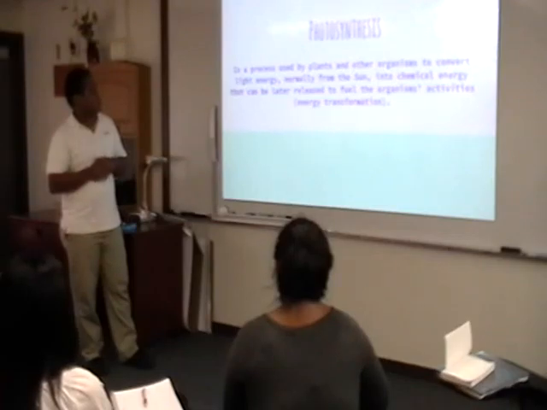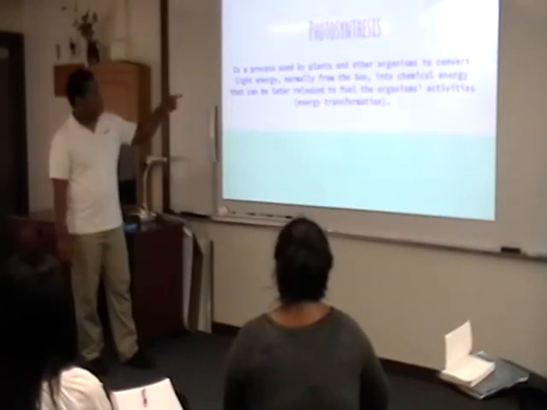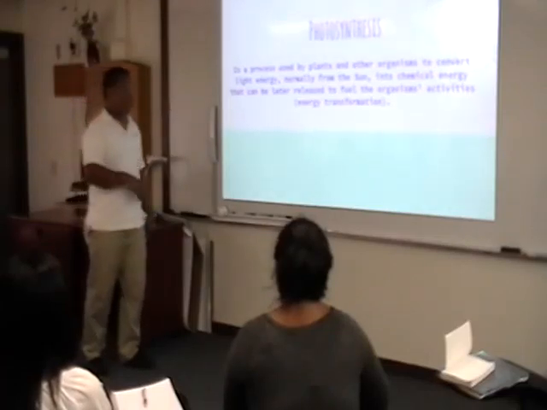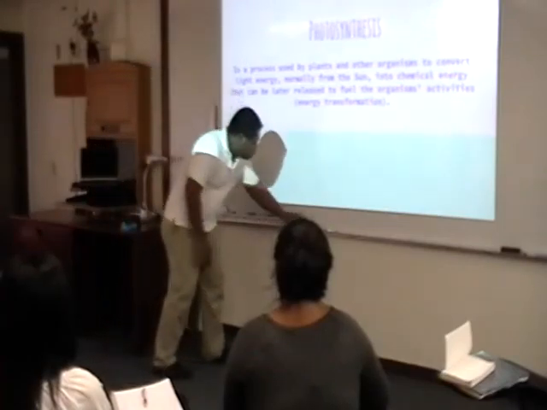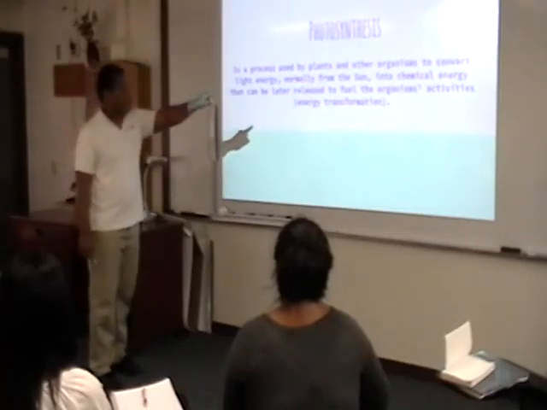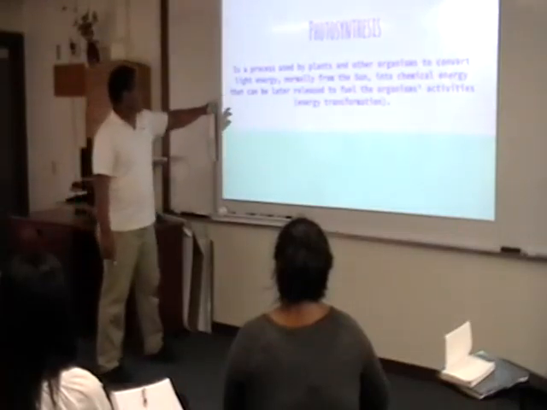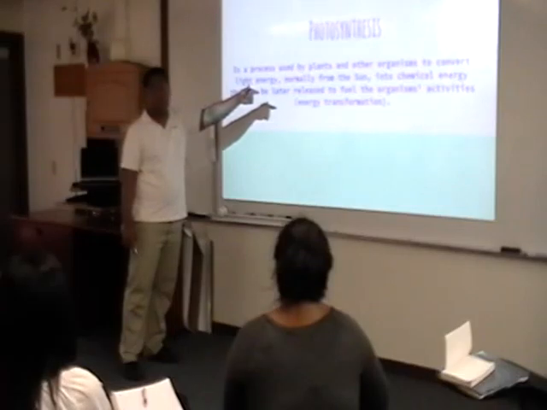All right. So let's go step by step so that we can make sure we get it clearly. It's the process, right, used by plants to convert. So these are very good words, the key words: convert light energy from the sun into chemical energy.